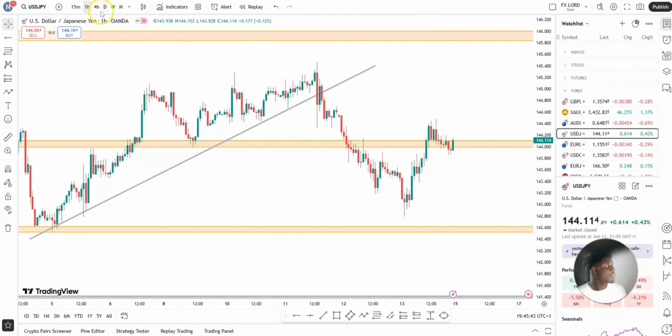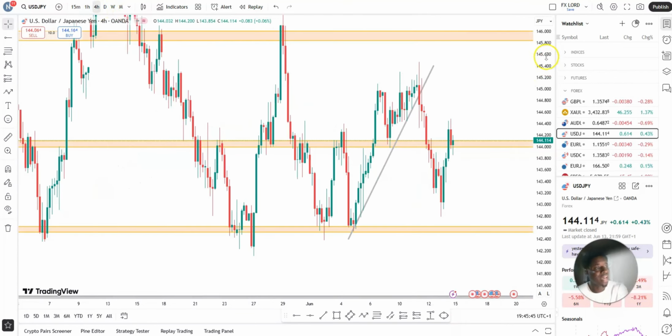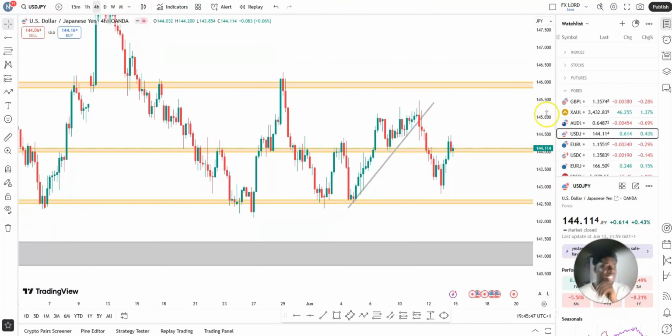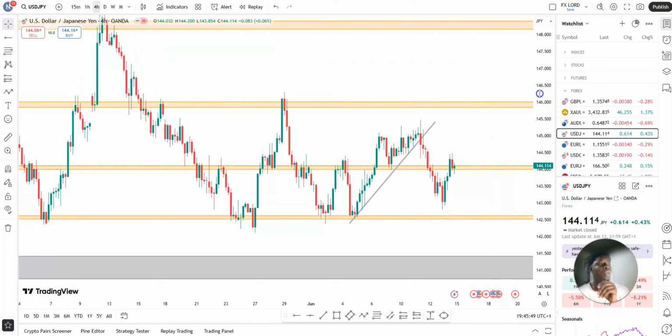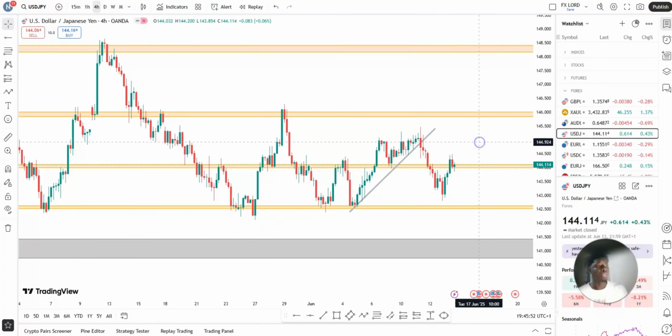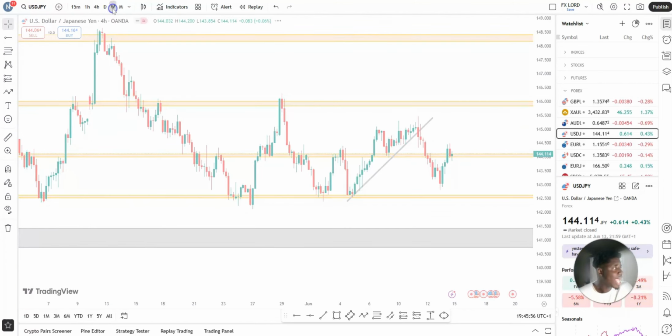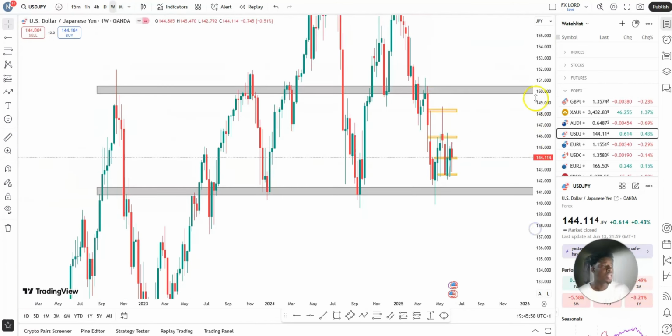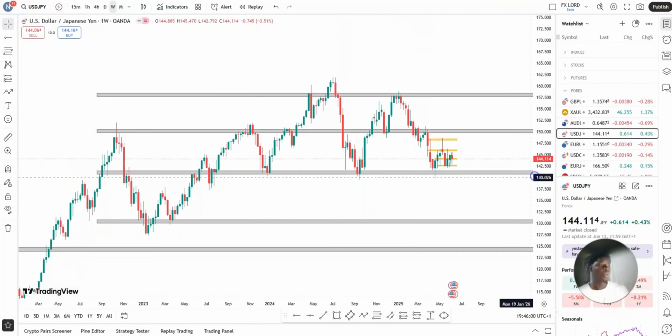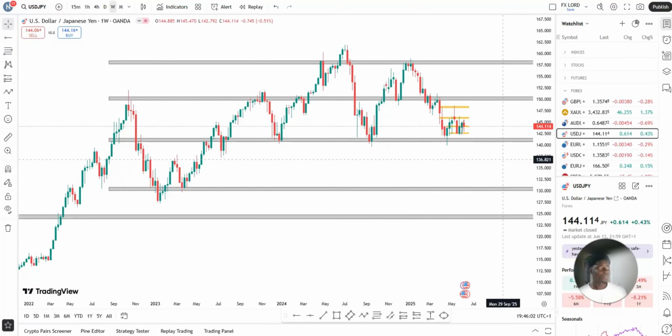So going to a 4-hour time frame so that we can understand exactly what is happening in the market. Now, don't forget, USD JPY is on a bullish trend right now. To confirm that, we have to go to a higher time frame, maybe the weekly. USD JPY is on a bullish trend, and as you can see, the market has been forming higher highs and higher lows, higher highs and higher lows, higher high.